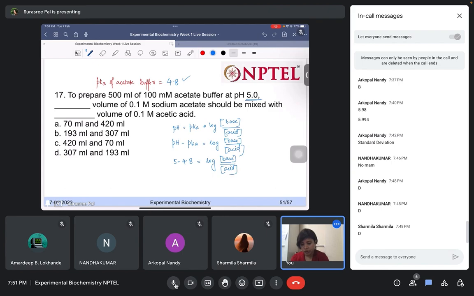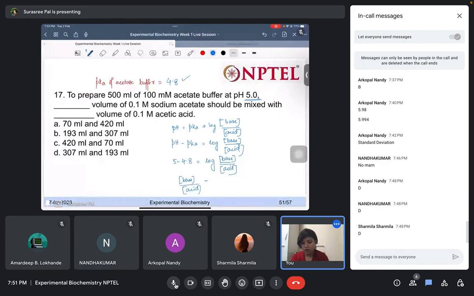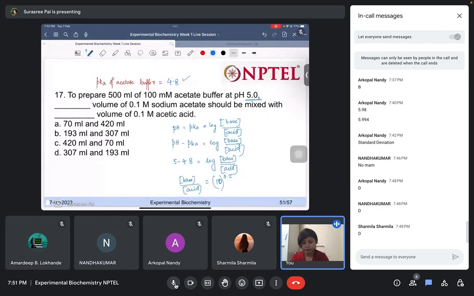Therefore base by acid is 10 to the power 5 minus 4.8, which is 10 to the power 0.2.